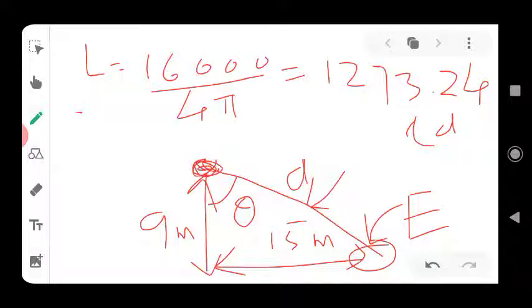We know that one lumen is equal to one solid angle into one candela. So candela is equal to lumen by solid angle.